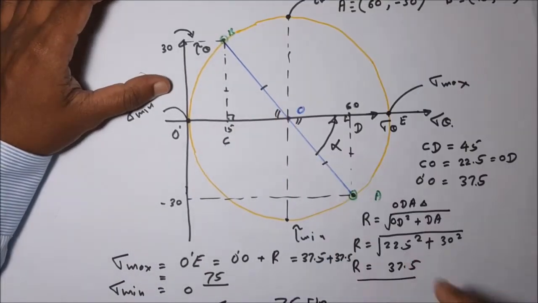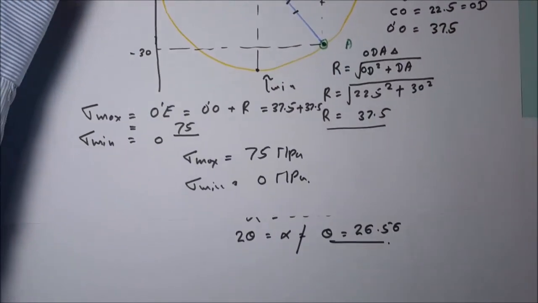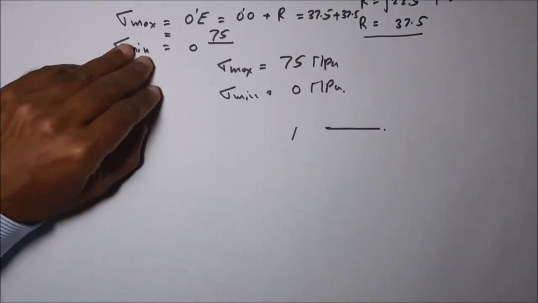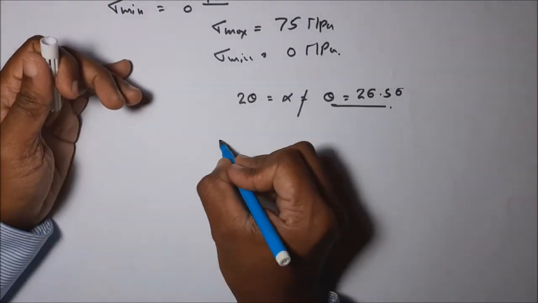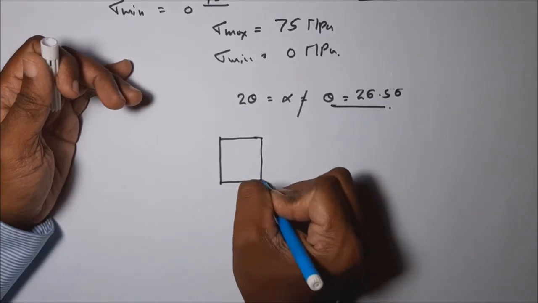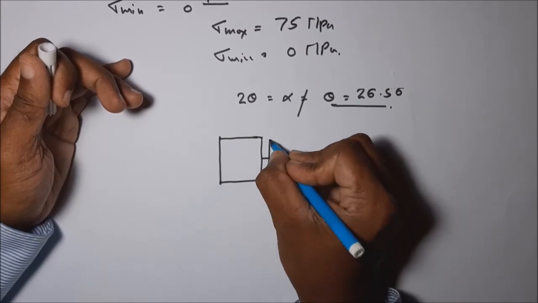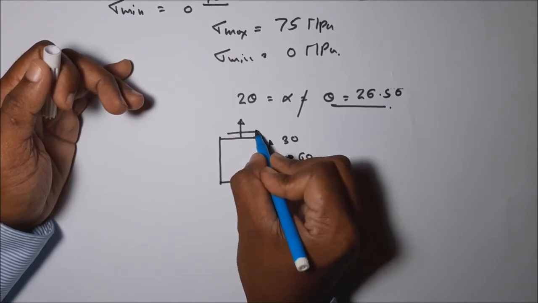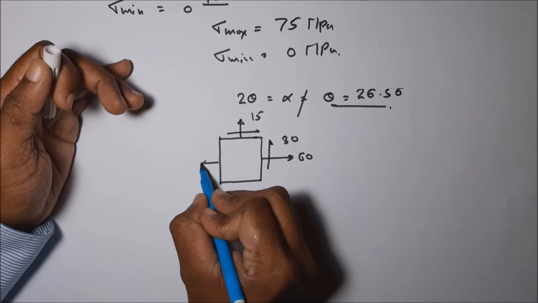The maximum shearing stress I am also going to find. Before going to that one, I am going to represent these maximum values on a two-dimensional stress element. Let's take this as our stress element, two-dimensional. 60. Here it is 30. What is the value for this one? 15.